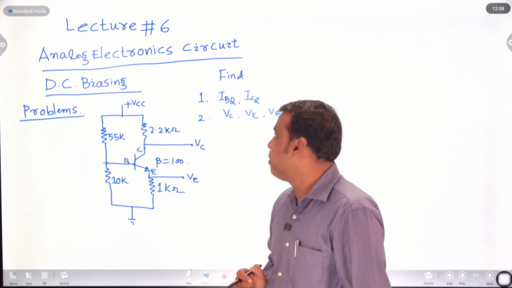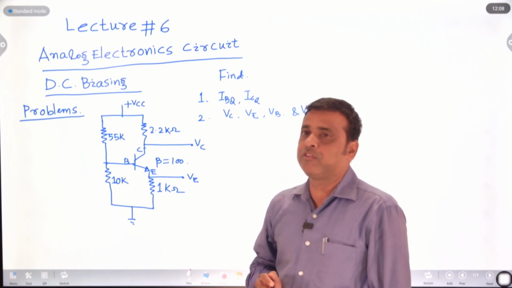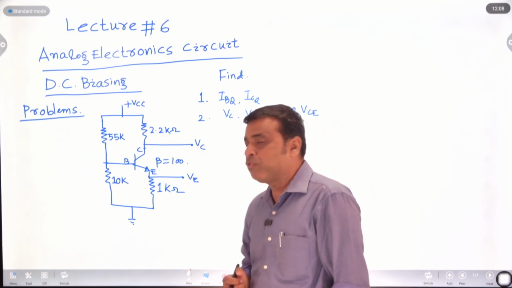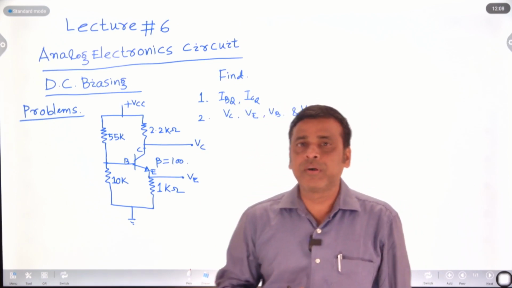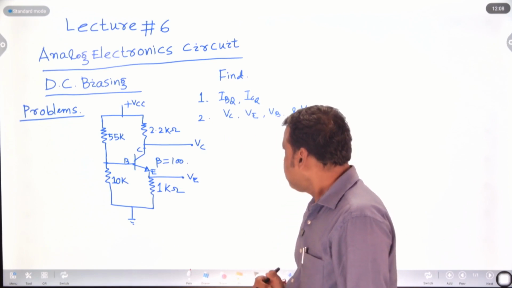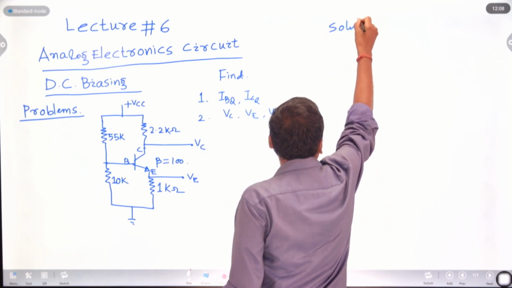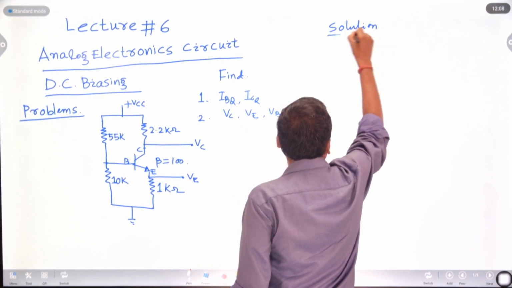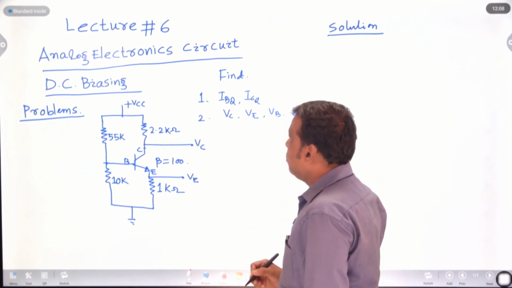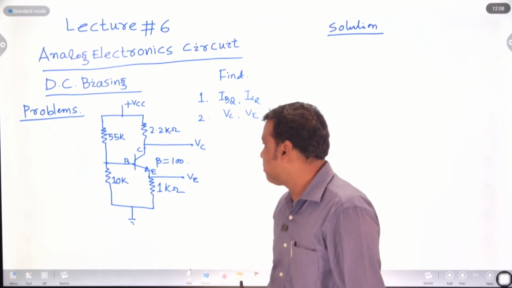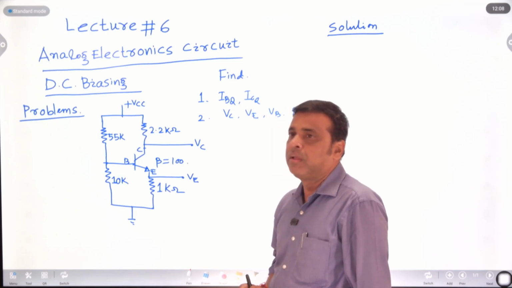By proper application of KVL, Kirchhoff's voltage law: you have to apply Kirchhoff's voltage law to the input and to the output. Solution. Clearly, this figure is the voltage divider biasing configuration. In voltage divider biasing configuration, there are two approaches.